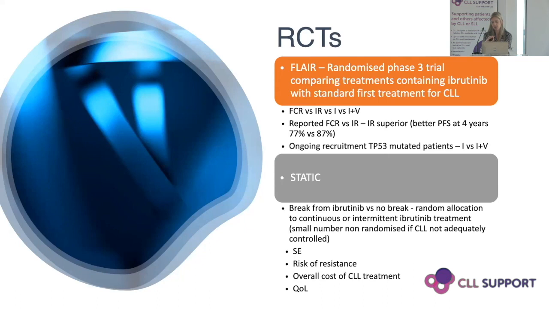Patients that have not achieved a good response or a full response on ibrutinib will not be randomized and will continue on ibrutinib on Static. That will enable them to continue on their therapy that's working but hasn't achieved an adequate response to allow for a break. But those that have achieved that response will be randomized.